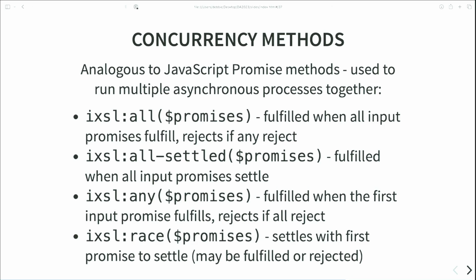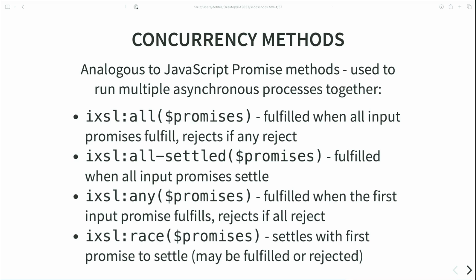allSettled waits until all of them are settled, so either fulfilled or rejected, and it will return you exactly all of that information. So an array of maps, in fact, to be able to tell you whether the promise was fulfilled or rejected, and then the associated value. And then the last two, you're just kind of waiting for the first one.